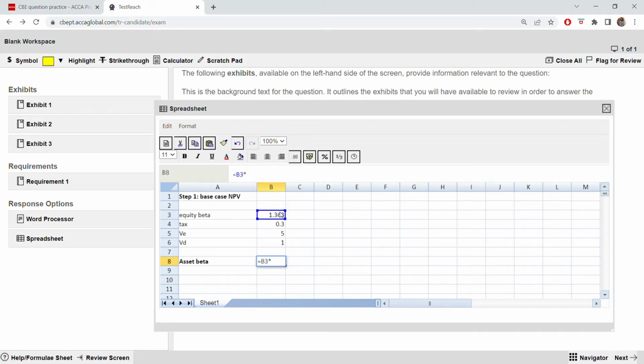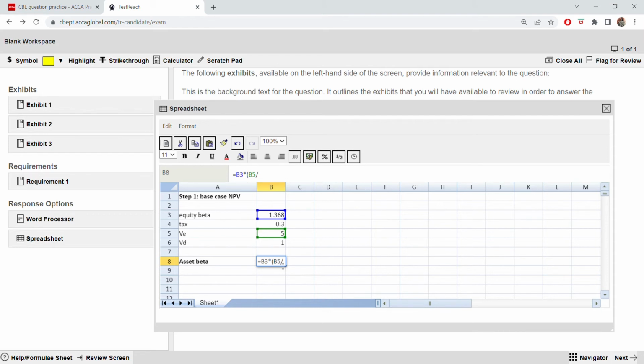Equity beta multiply by? Come on, tell me. VE, that is 5. Here you can put bracket. Divide by; divide is that slash.